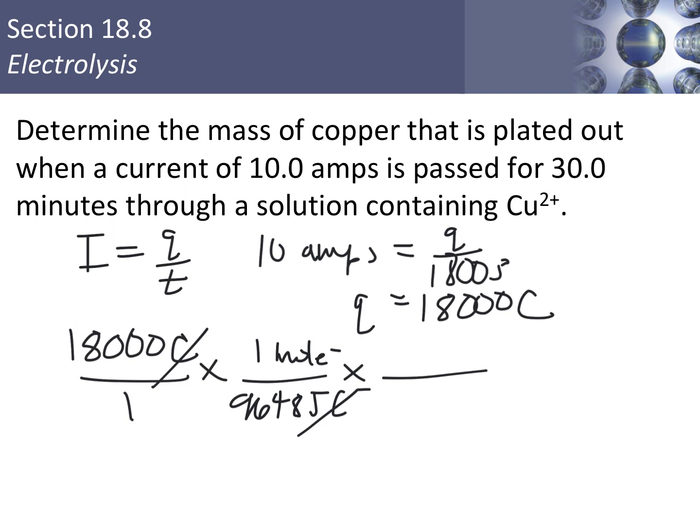Then we can cancel our moles of electrons and go to moles of, well, in this case, it's going to be copper atoms, right? And we're going from a +2 charge to a neutral atom, okay? And so that's going to be 2 moles of electrons that have to be gained in every 1 mole of copper atoms.